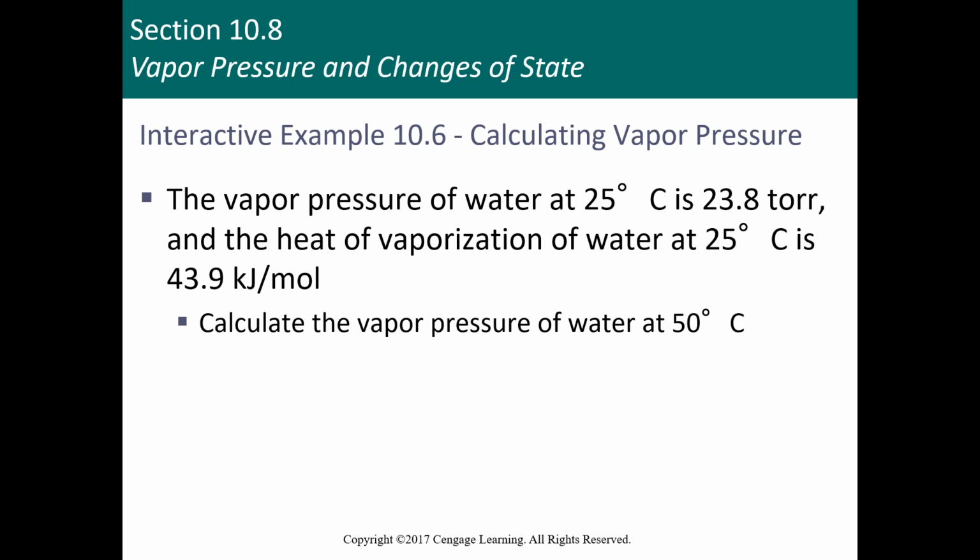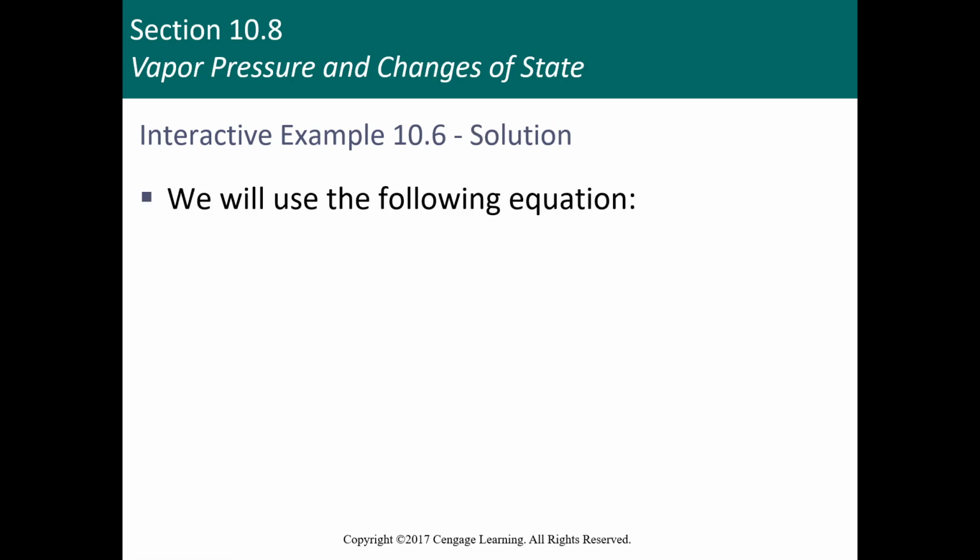Anyways, the vapor pressure of water at 25 degrees Celsius is 23.8 torr, and the heat of vaporization of water at 25 degrees Celsius is that value right there. Calculate the vapor pressure of water at 50 degrees Celsius. Okay, so we're just going to plug that into our Clausius-Clapeyron equation.